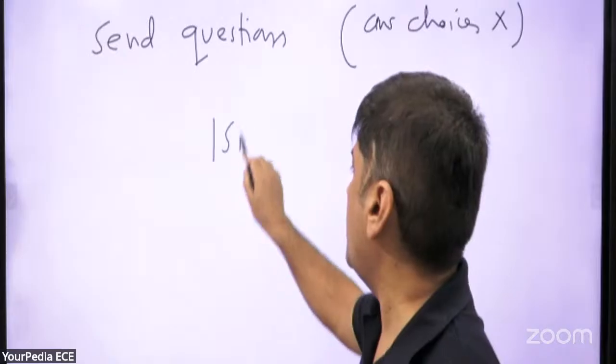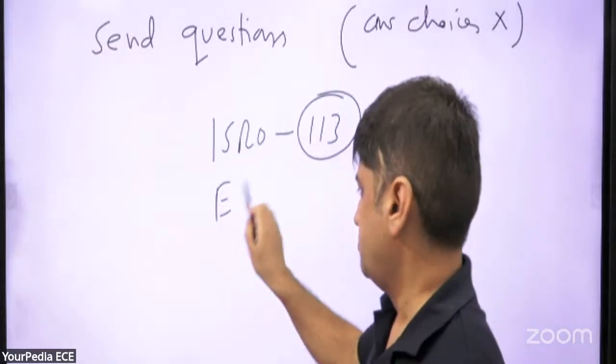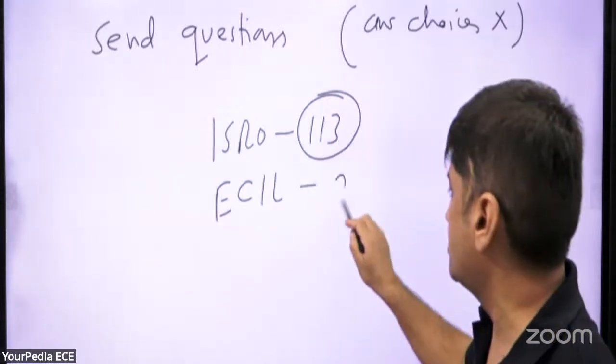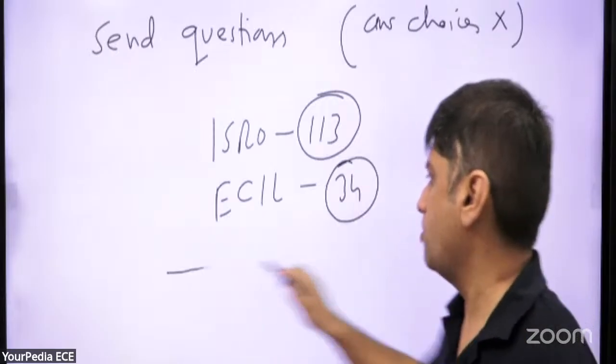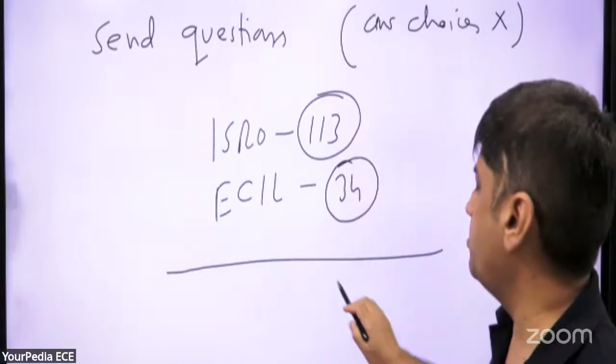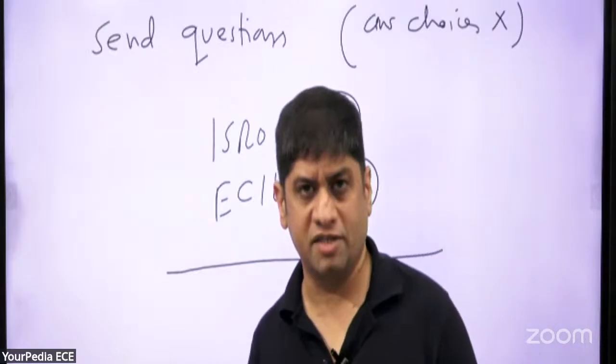ISRO has already released the number of vacancies, and similarly Electronics Corporation of India Limited has released vacancies. Some more vacancies may pop up. So that simply means approximately 150 seats you have in electronics and communication.